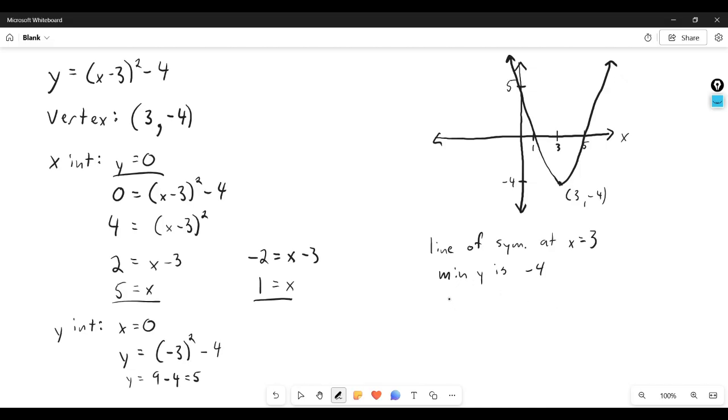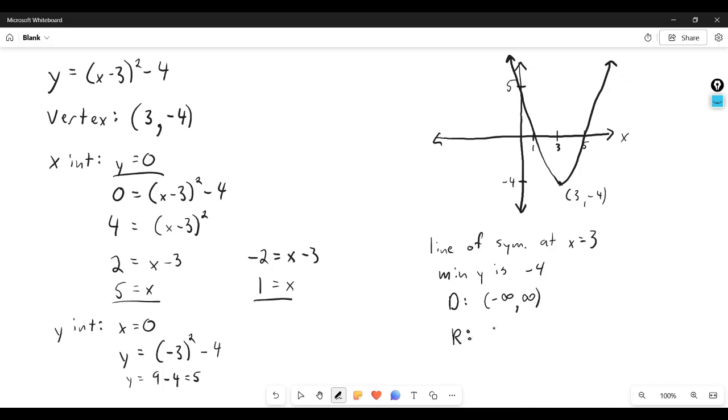The domain, that's all possible x values, so that domain is, for all of these quadratic functions, going to be the same. Domain will be more interesting for other functions. Range are all possible y values.